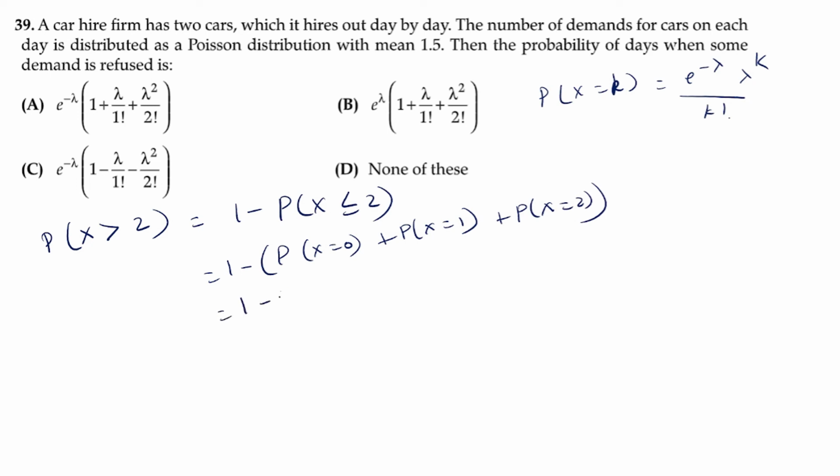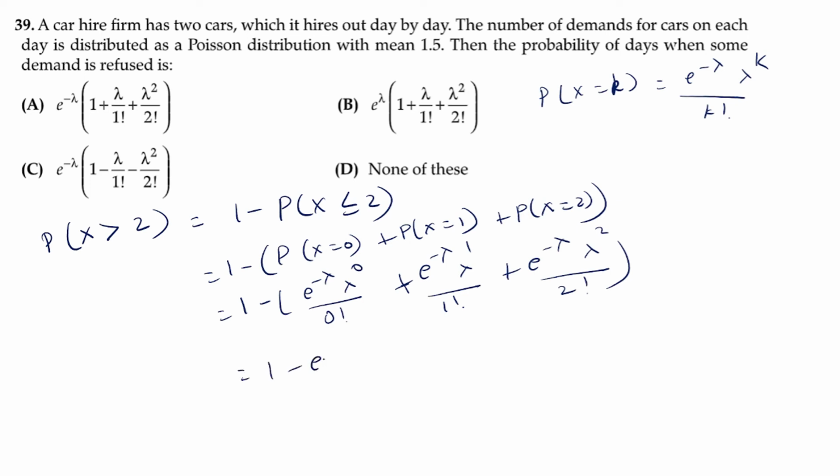So it is 1 minus e raised to minus lambda, lambda raised to 0 by 0 factorial plus e raised to minus lambda, lambda raised to 1 by 1 factorial plus e raised to minus lambda, lambda square upon 2 factorial. So this is equal to 1 minus e raised to minus lambda into 1 plus lambda by 1 factorial plus lambda square by 2 factorial. So this option is not available in A, B and C. So the correct option is option D, none of these.